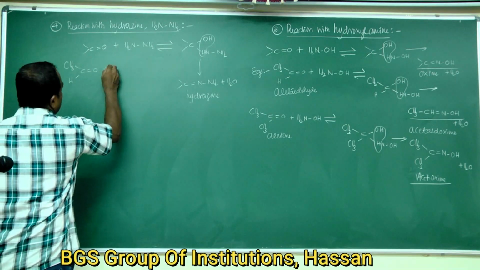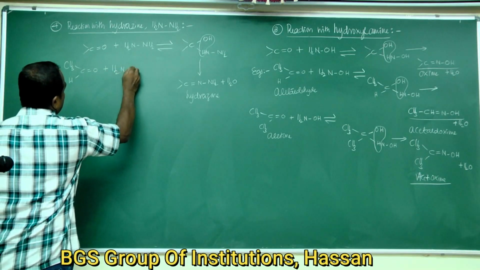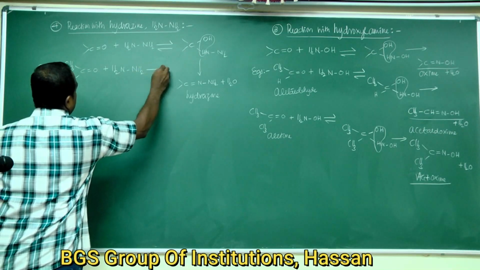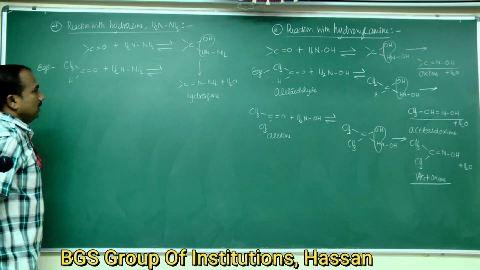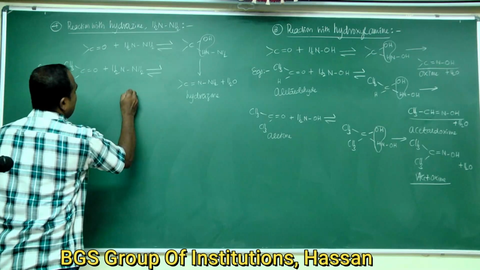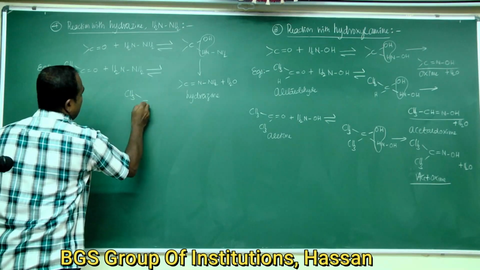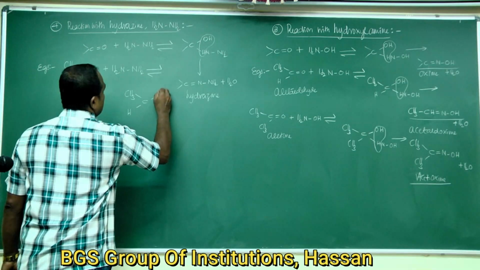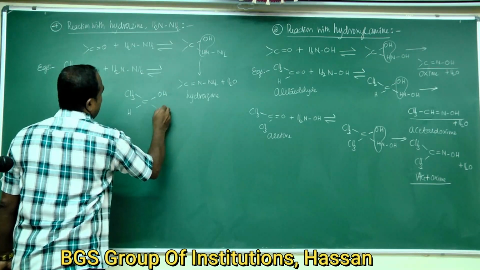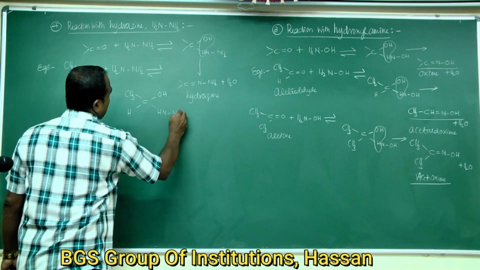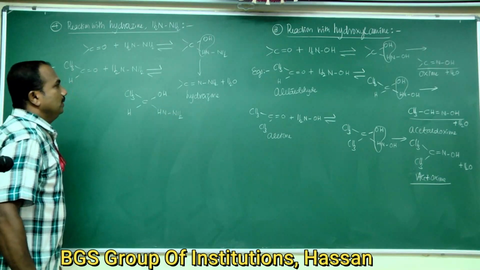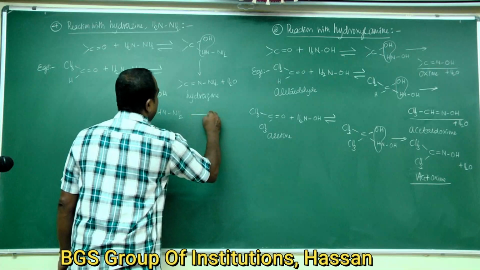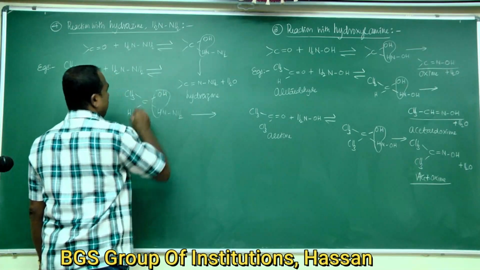Examples for this type of reaction: if you take the aldehyde acetaldehyde, CH3CHO, it reacts with hydrazine to form the intermediate CH3CH(OH)NH connected to NH2. Then dehydration, so the water molecule is removed.